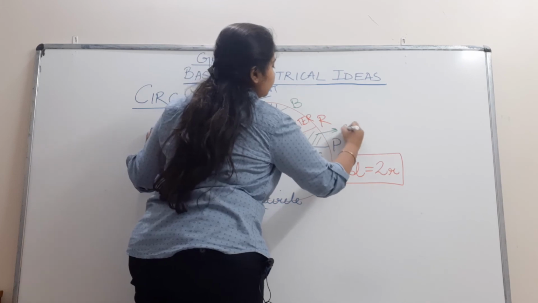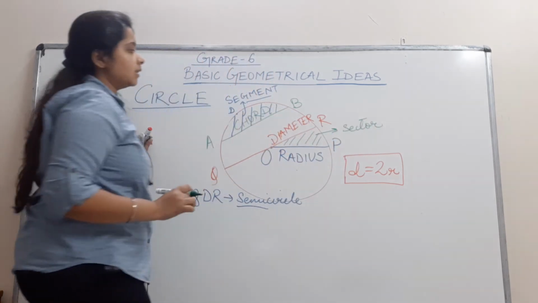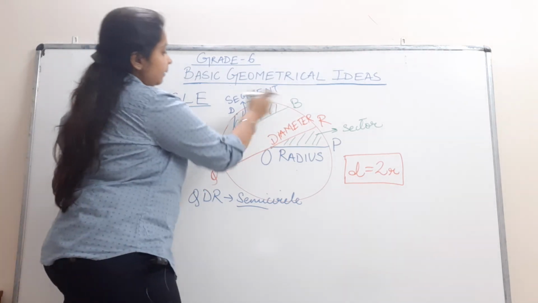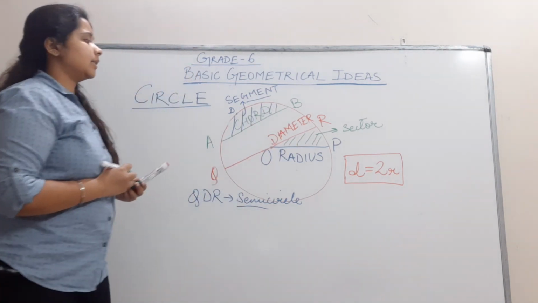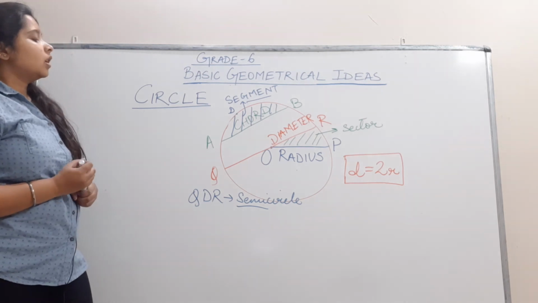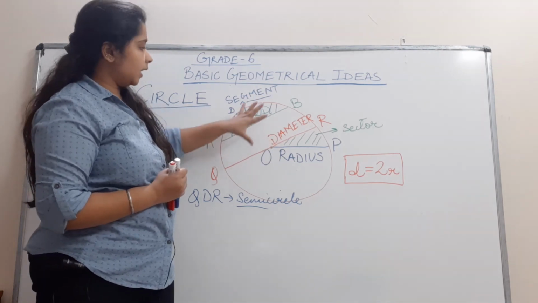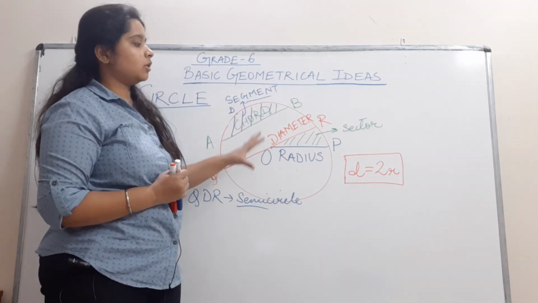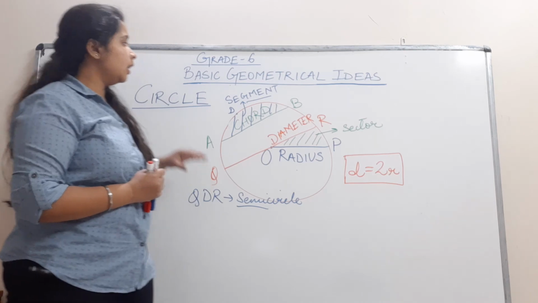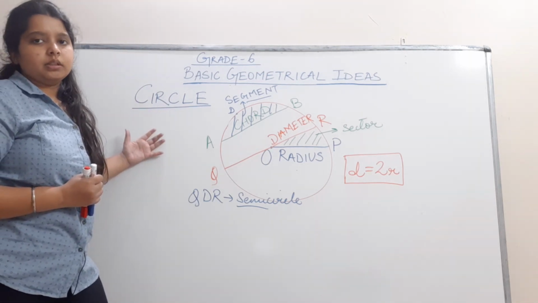Similarly, the smaller sector is known as the minor sector, and the larger sector is known as the major sector. Students, obviously all the area which is enclosed by the circle is known as the interior of the circle, and the area which is not enclosed is known as the exterior of the circle.